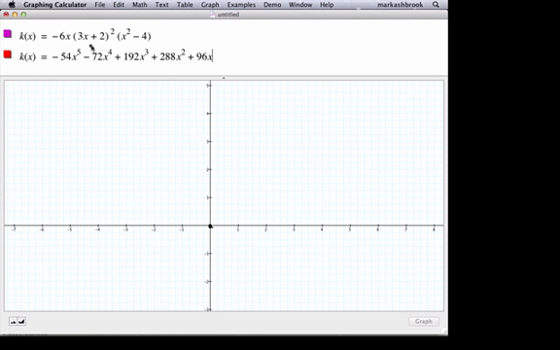Does negative 2/3 make this 0 right here? Okay. Now this is actually not fully factored. X squared minus 4 continues to factor. How does that continue to factor? X plus 2, x minus 2, giving us the zeros negative and positive 2.